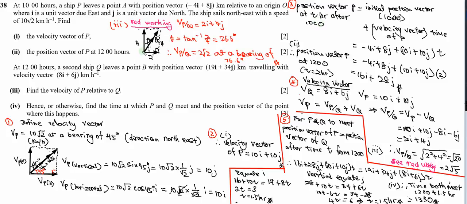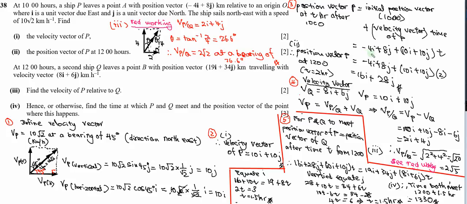He is saying it is 12:00, which means 2 hours after 10:00. So first, the position vector at t hours is the initial position at 10:00 plus the velocity vector of P times the time.